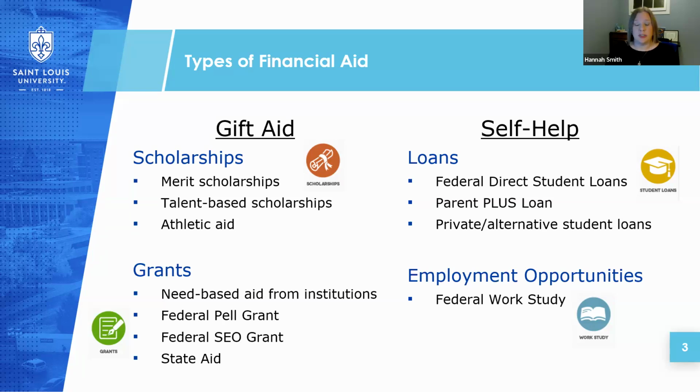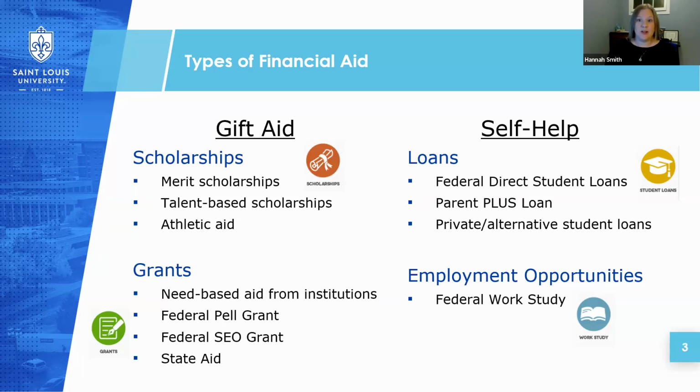That's where scholarships can come from, those different funding sources. And this is typically the largest amount of money that you're going to get from institutions themselves. This is where the bulk of that financial aid package is going to come from, in the form of merit scholarships or talent-based scholarships.